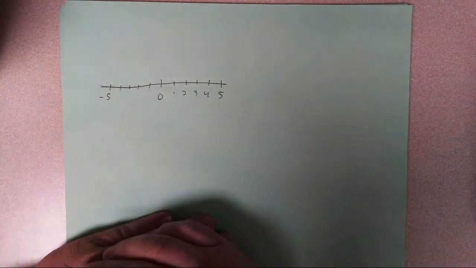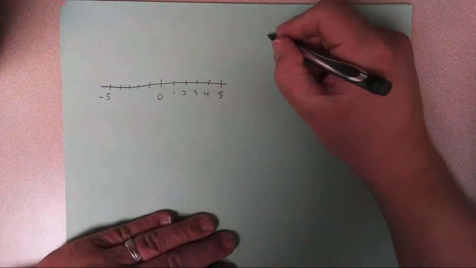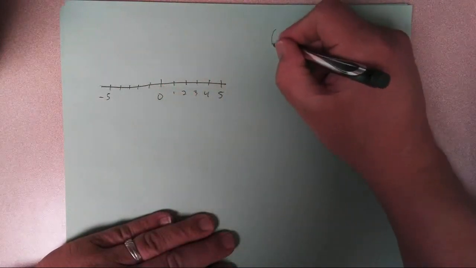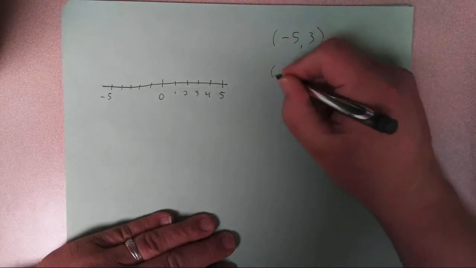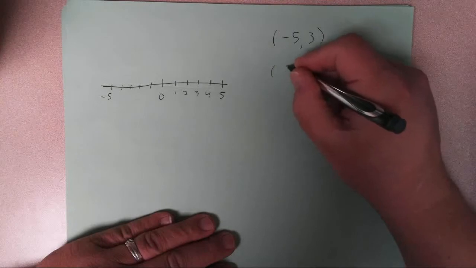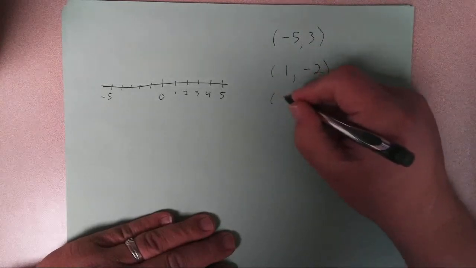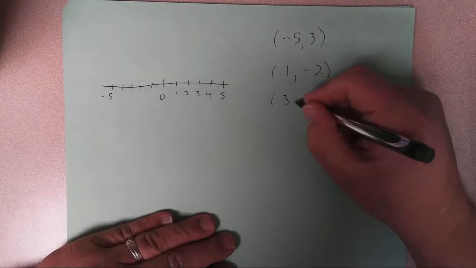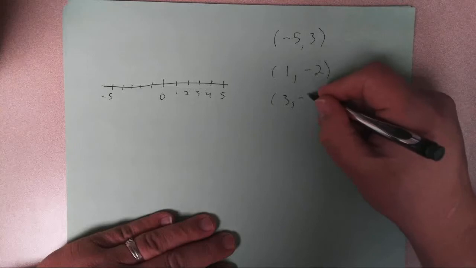If you need to graph an ordered pair, what we need is a second line. By an ordered pair, I mean two numbers, like -5, 3, or 1, -2, or 3, -4.